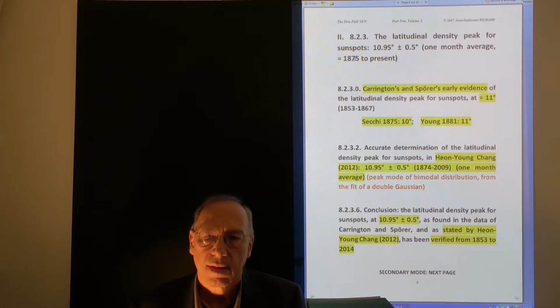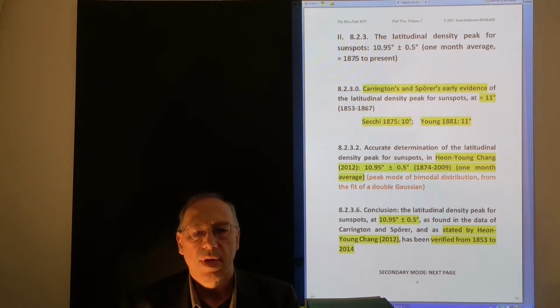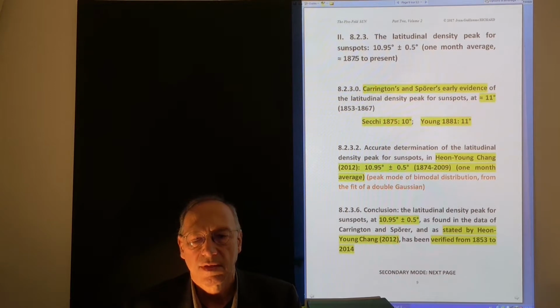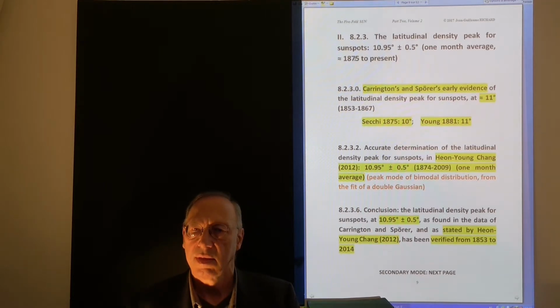If we now look at the issue of at which latitude we have the largest density of sunspots, it is found, to be very precise with 4 significant digits, at a latitude of 10.95 degrees, plus or minus again 0.5 degrees.